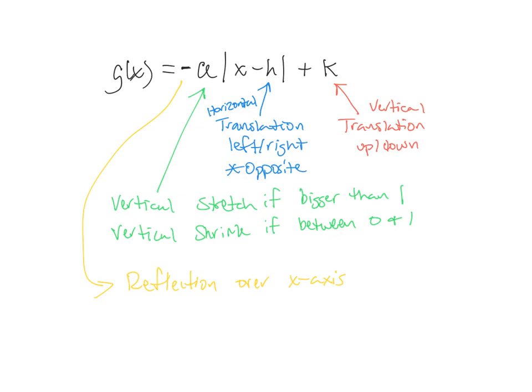Vertical and then up, saying the same thing, but that's the way we need to write it. Horizontal translation for the number on the inside, stretch or shrink on the outside, and a reflection. Technically you could have a reflection over the y-axis, but we won't see those for a while, so we don't need to worry about that.